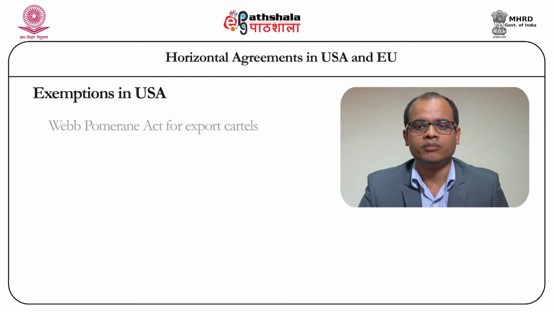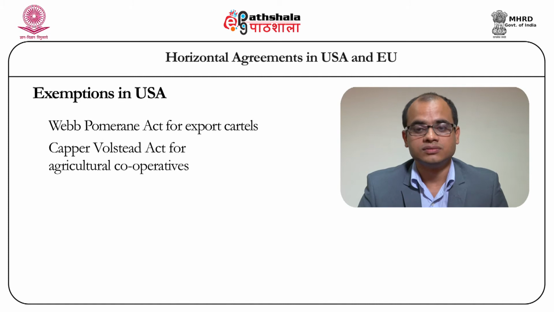If we look at the legal statutes, the examples include the Webb-Pomerene Act of 1918, which provides an exemption for exporting cartels, and the Capper-Volstead Act of 1922, which provides exemption for agricultural cooperatives in the US. And there is an exemption for labor unions also from the Antitrust Act in the United States of America.